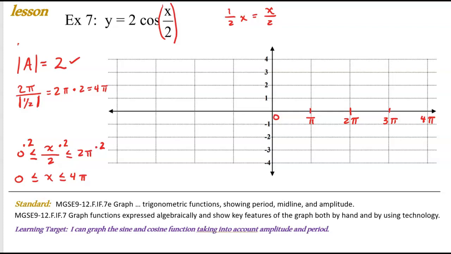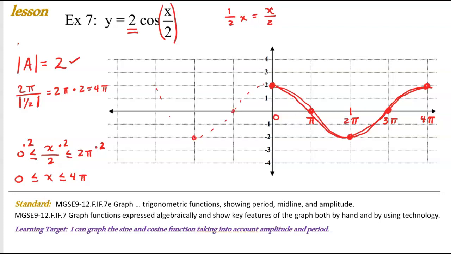Labeling the x-axis, like any process, is going to take a little bit of time. So cosine, remember, was originally up at 1, but the 2 means we start up at 2 on the y-axis, and then I go down, make my V, down, make my V, come back up, come back up. This is my one full period of the cosine curve, which if I want to extend it, I can.